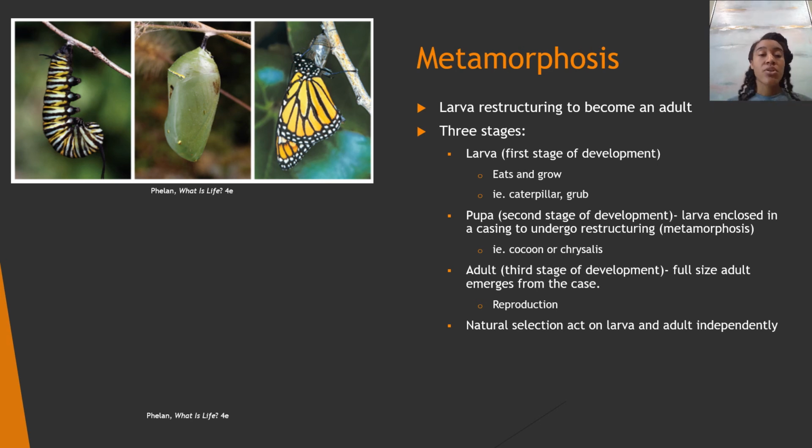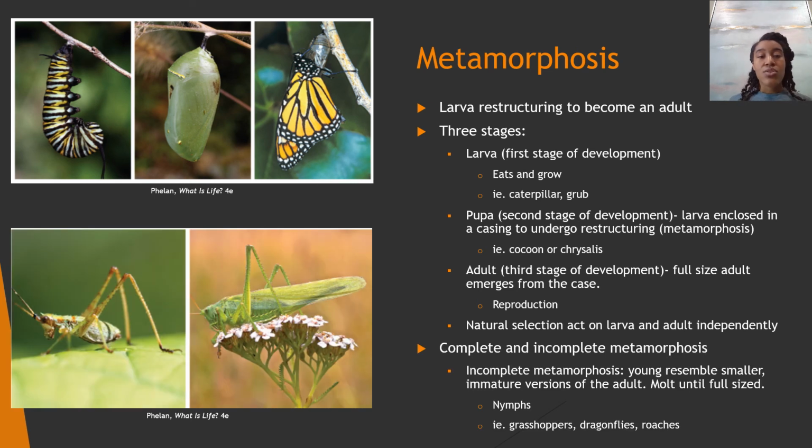But once that caterpillar develops into a butterfly, if all of the flowers that it normally drinks nectar from are gone, now it's experiencing a selective pressure that the caterpillar did not experience, just due to the simple fact that it has different lifestyles. So just keep in mind that these differences between the larva and the adult stage can also result in natural selection having different impacts on the larva and adult stage. So what we were talking about, like I mentioned, is complete metamorphosis.